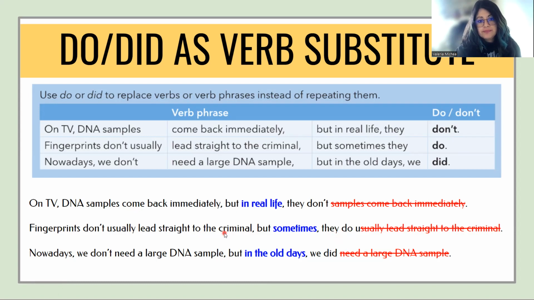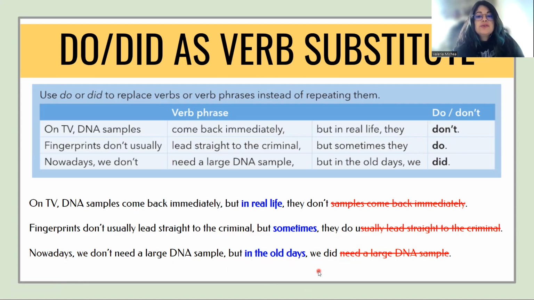That's the idea. And finally, we have nowadays, we don't need a large DNA sample, but in the old days, we needed a large DNA sample. Now, why would you repeat that phrase? Instead of repeating the same information, you use did. Nowadays, we don't need a large DNA sample, but in the old days, we did. That's it. You're not repeating anything.